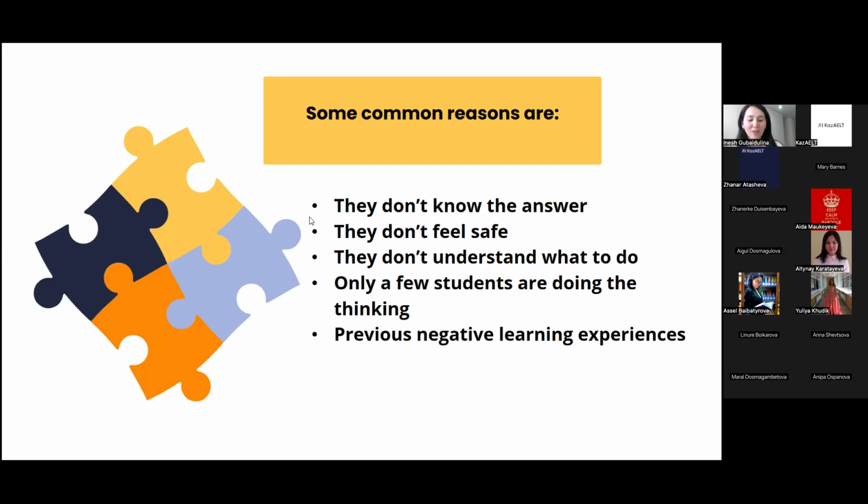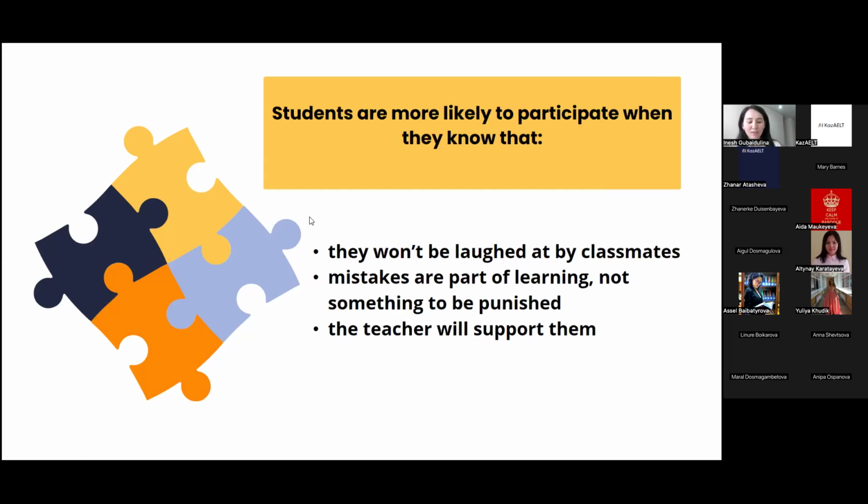Sometimes students who are disengaged are not unmotivated. They are unprotected, unsupported, or unheard. Before we talk about active engagement techniques, we should think about conditions, because engagement is impossible when students feel unsafe. Students are more likely to participate when they know that they won't be laughed at by classmates.